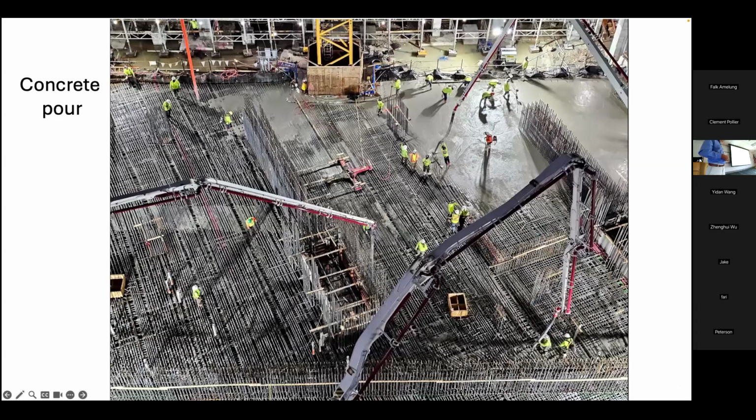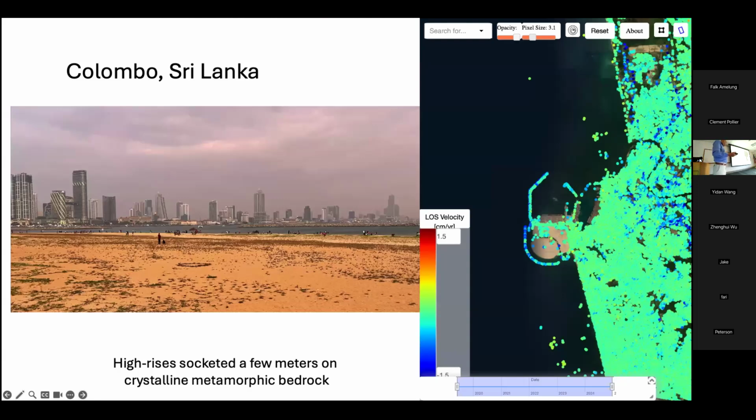What is done there? Last week I was in Sri Lanka, and of course the first thing I'm doing is processing the InSAR data. There's the high rise of Colombo. This is what the InSAR data show: no subsidence at all of those high rises.